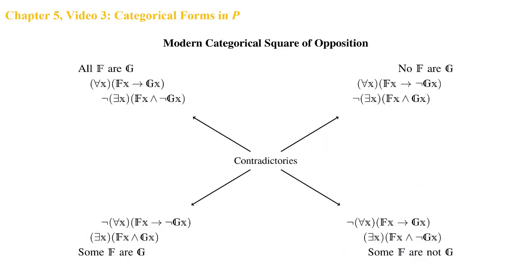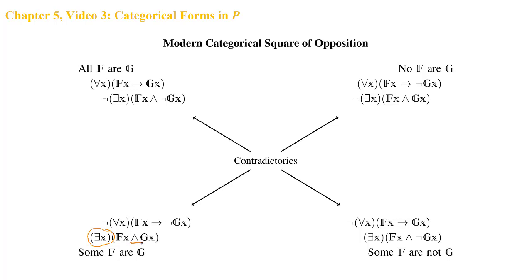The examples we were just looking at form the corners of this modern categorical square of opposition. If you look at the upper left, we have the all F are G form, most simply symbolized with the universal and a conditional. Below that we have the some F are G, again most simply symbolized by an existential with conjunction.